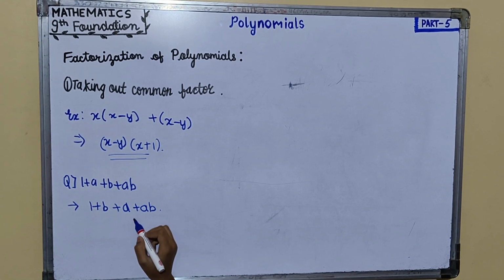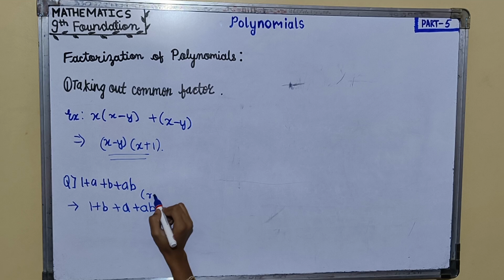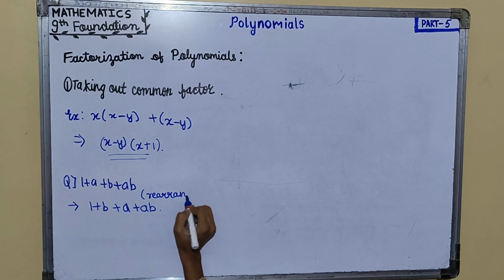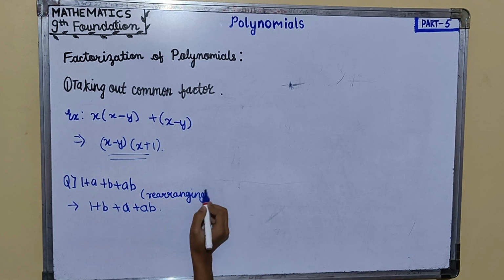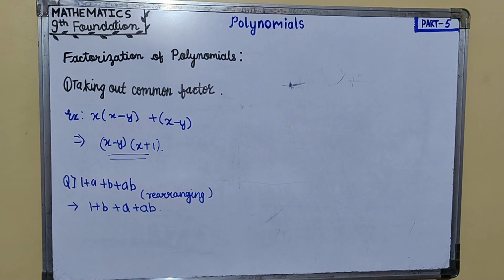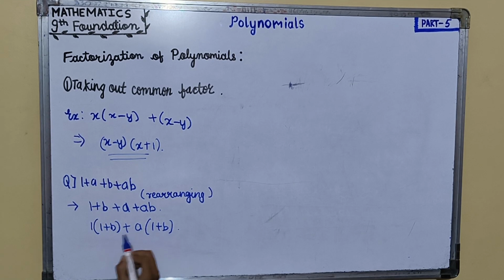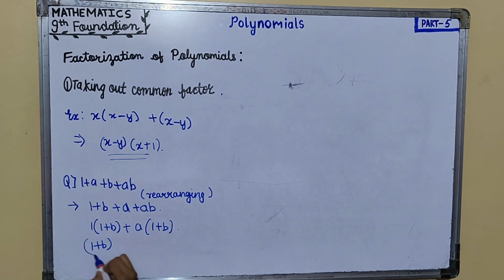Like this we've arranged, rearranging terms. So we wrote 1 plus b plus a plus ab, because if we take 1 common, we'll get 1 plus b in bracket, and plus if we took a common, we'll get 1 plus b in bracket, so we got 1 plus b as common bracket. So this will be our answer.